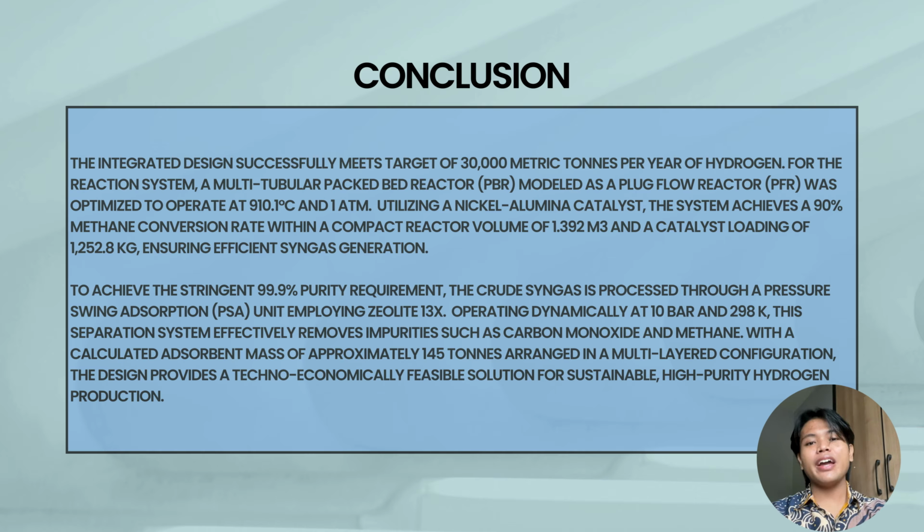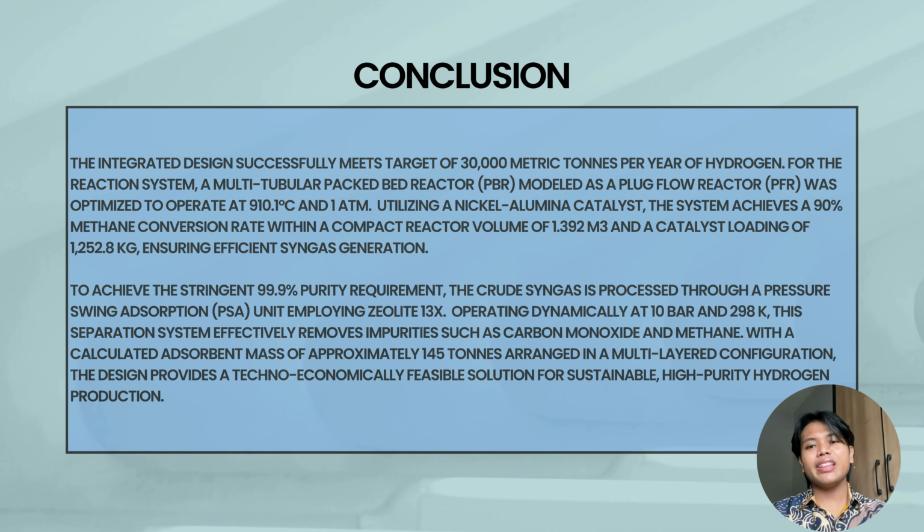We achieve this high throughput with a compact reactor volume of just 1.392 cubic meters and a catalyst load of approximately 1,250 kilograms. Moving on to the purification, the crude syngas is processed in our pressure swing adsorption unit. We specifically chose zeolite 13X as our adsorbent because of its superior selectivity for removing impurities like carbon monoxide and methane.